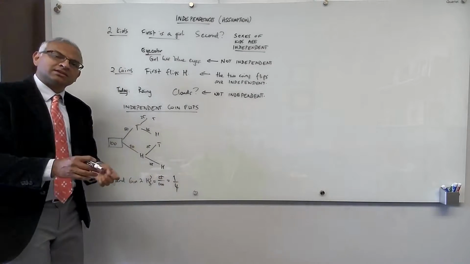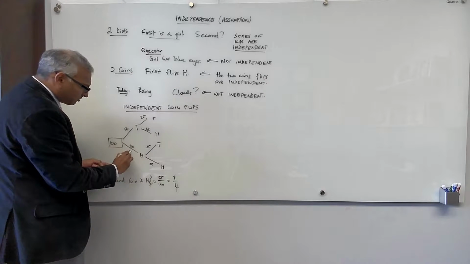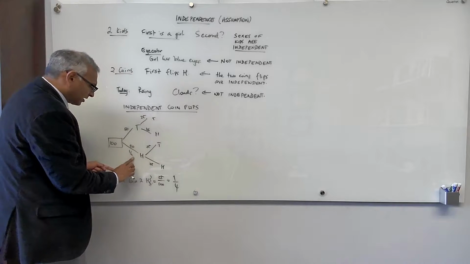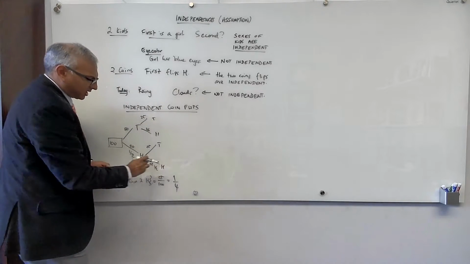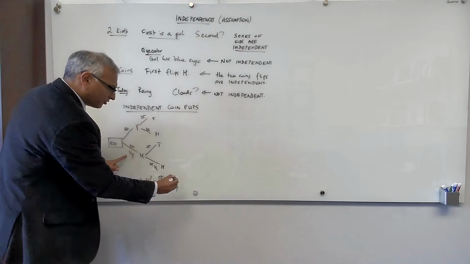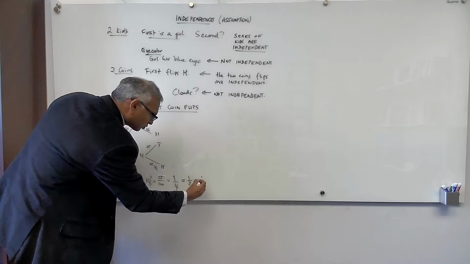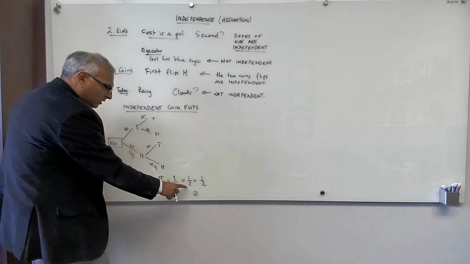Okay. And then when we did the mechanical approach to probability, we said we put edge probabilities 1/2 on all the edges, and then we multiply the edge probabilities to get the outcome probability. So 1/2 times 1/2 is 1/4. So we get the probability of coin 1 heads and coin 2 heads is 1/2 times 1/2.